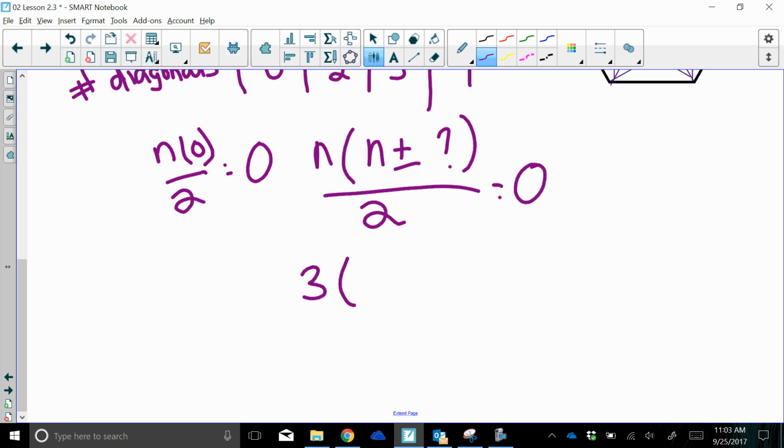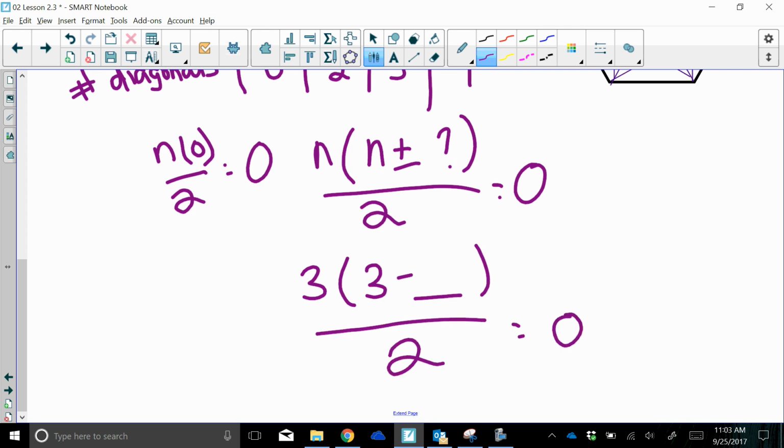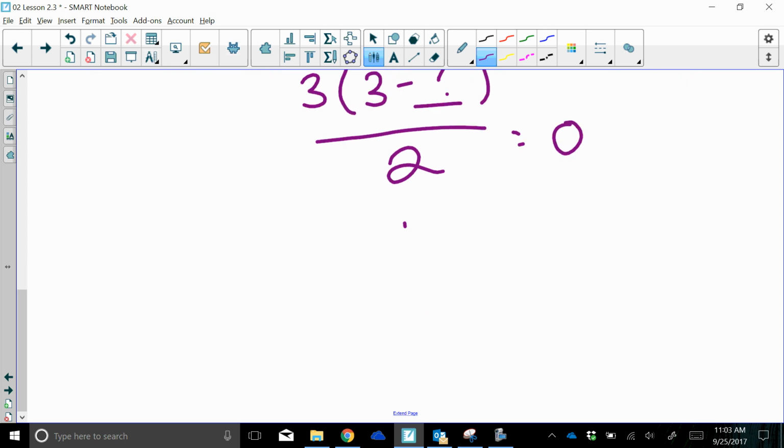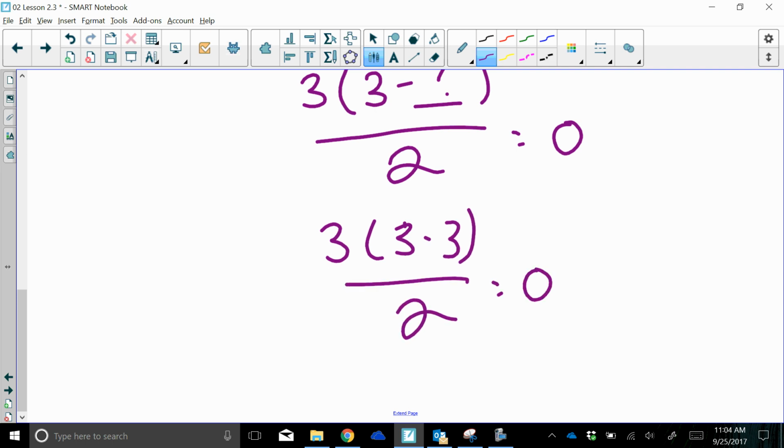So 3 times 3 plus or minus something divided by 2 is 0. What does that something have to be? Well, if we take 3 minus 3, we have 0 times 3 divided by 2. So 3 times 3 minus 3 divided by 2. That equals 0.